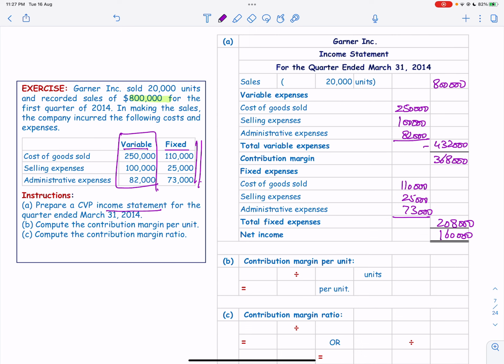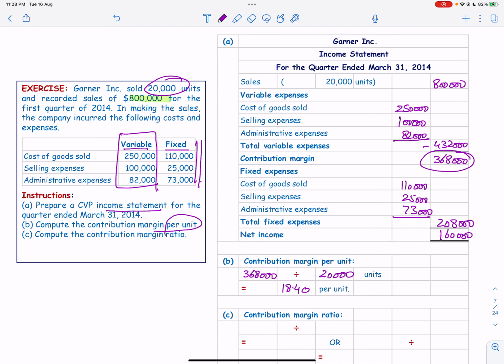Next, we have to compute the contribution margin per unit. The total contribution is 368,000 and the total number of units sold is 20,000. So this is 18.40 per unit.